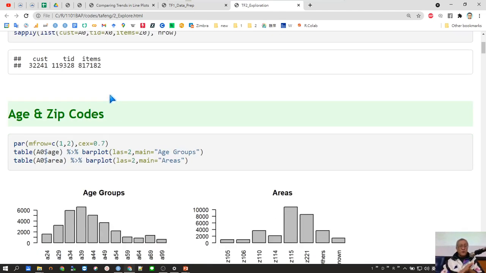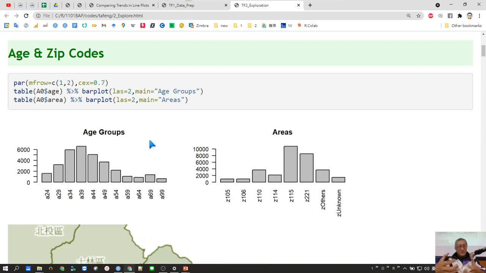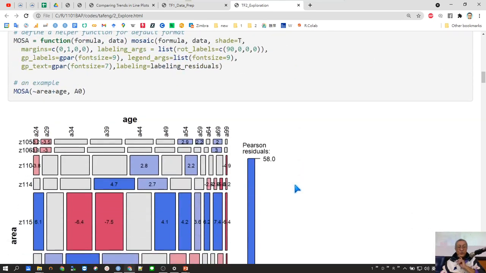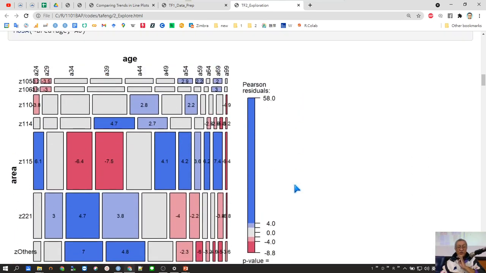So this T2 exploration is like using plots, right? To see a global structure, global trend, global phenomenon in the data. So this is the age group and also the area distribution, right? So what is this?